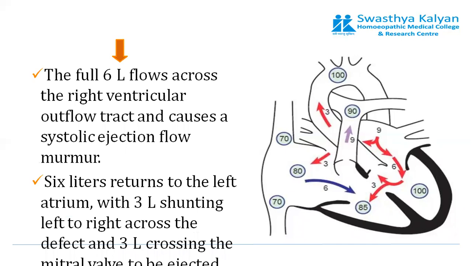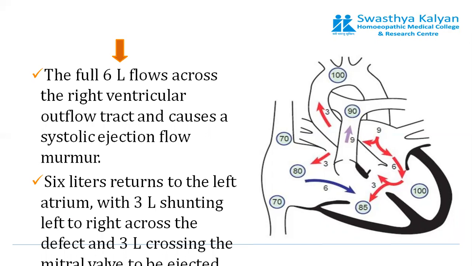Also, oxygen saturation might be slightly higher on the right side. Again, this 6 liters of blood has to flow across the right ventricular outflow tract and cause a systolic ejection flow murmur. If there is an extra amount of blood in the right ventricle, that will cause an ejection flow murmur into the pulmonary artery.